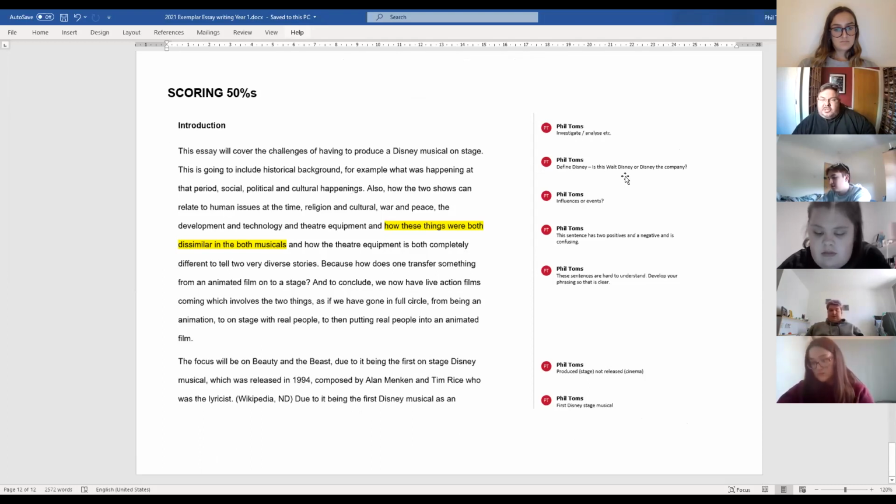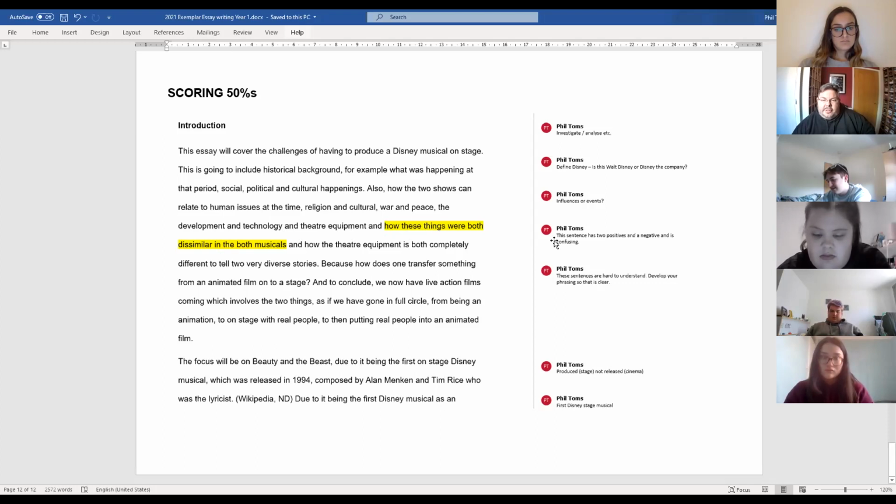Is it Walt Disney the person or Disney the company? Also, how the two shows can relate to human issues at the time, religion, cultural, war and peace, the development, etc., and how these things were both dissimilar in both musicals, which doesn't make sense. So I've highlighted that bit particularly as a bit weird or odd or wrong.